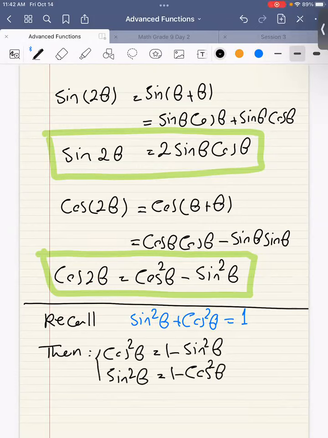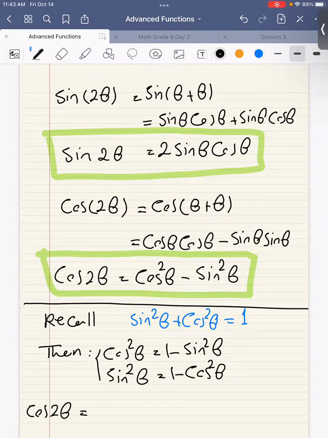Now, if you want to apply this to the cosine of 2 theta, then cosine of 2 theta is equal to... by the way, this is square. Try not to confuse square with the double angle. Sine square is different from sine 2 theta. This is a power.